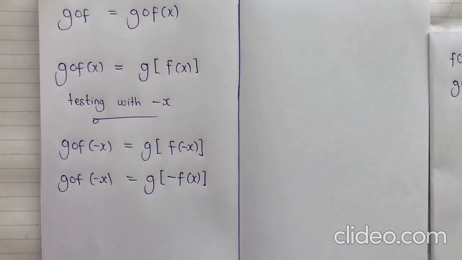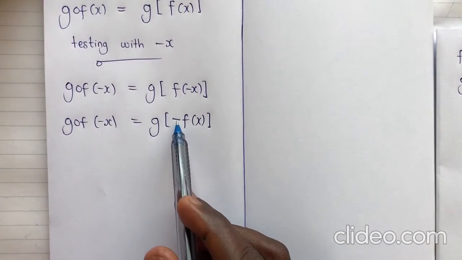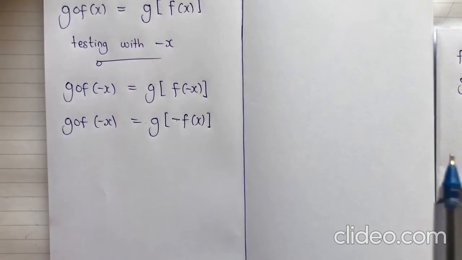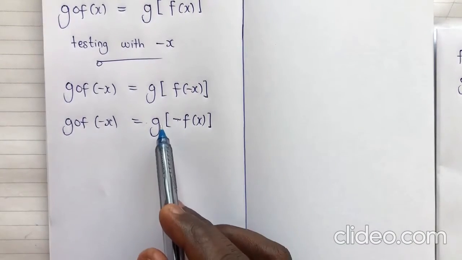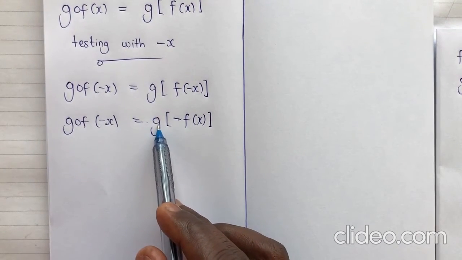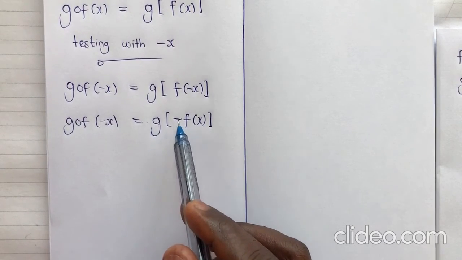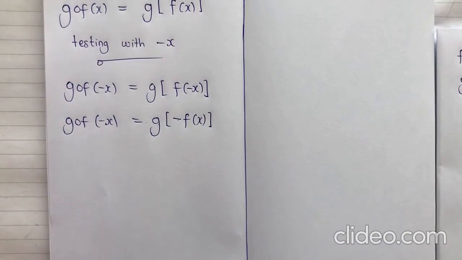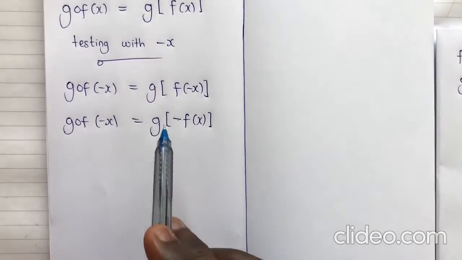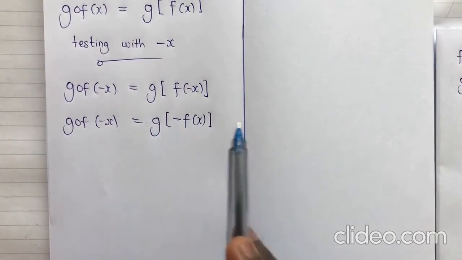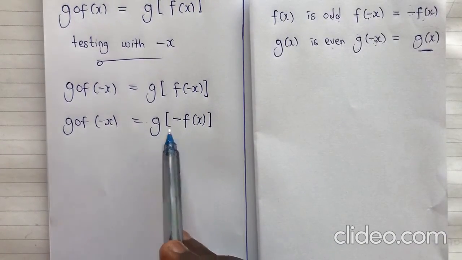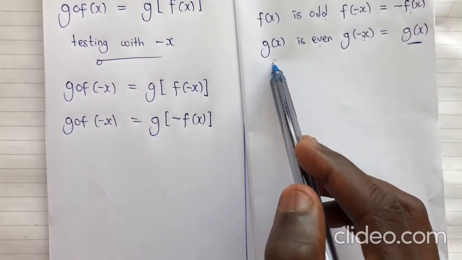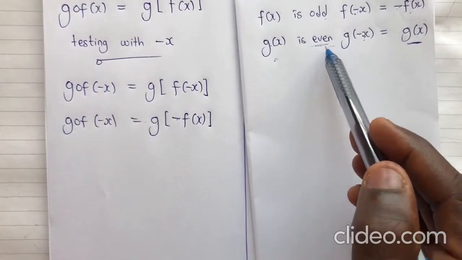I guess you understand up to this point. Now listen to me. You do not bring out this negative to say it is an odd function until you check. Okay? So when we get here, this g of x function is going to eat up this negative value, making the function even. Why am I saying g of x is going to eat up this thing? Let's go back to the rule. Locate the g of x function, which is here. This g of x function is an even function.